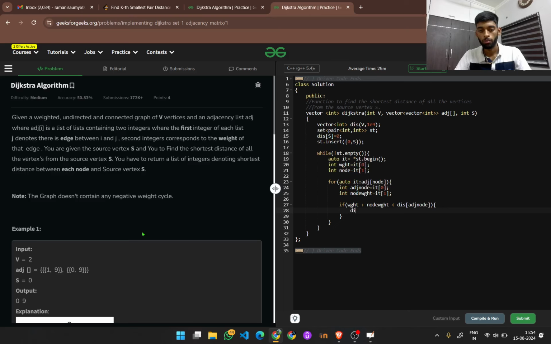At that time we will be updating distance of adj node equal to adj weight plus node weight. Okay, let's make sure there are no spelling mistakes.